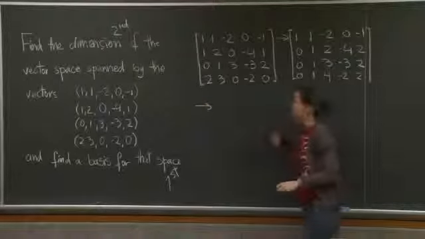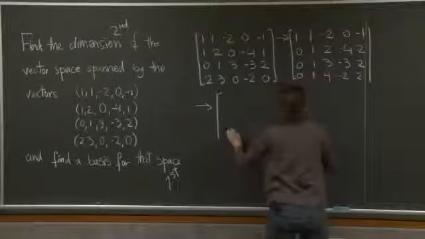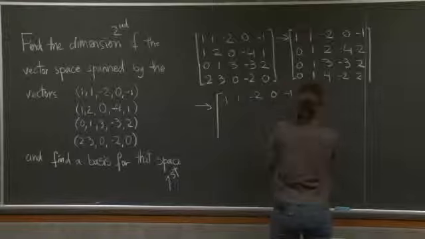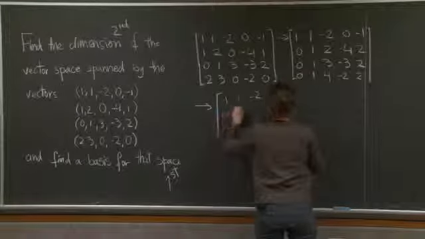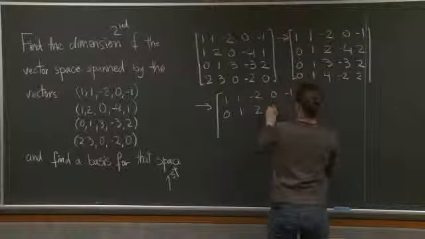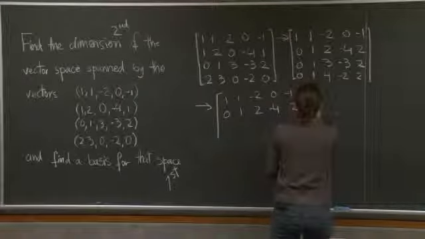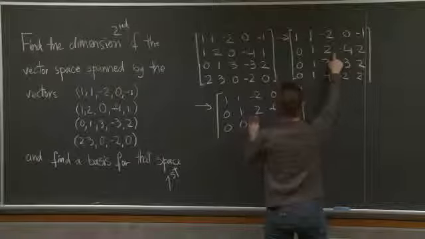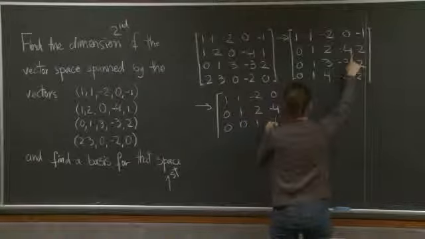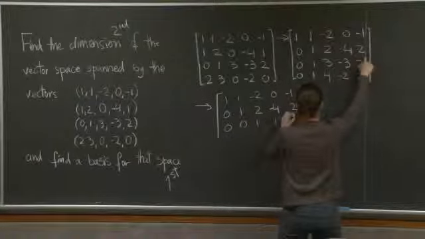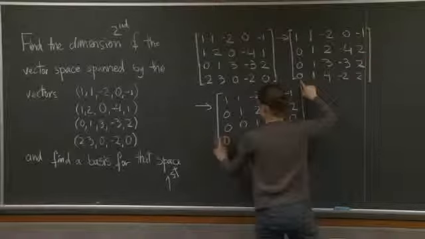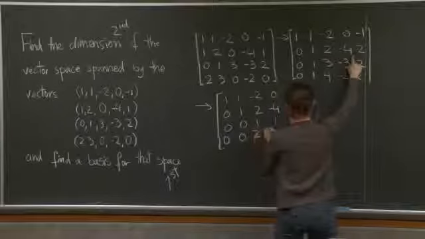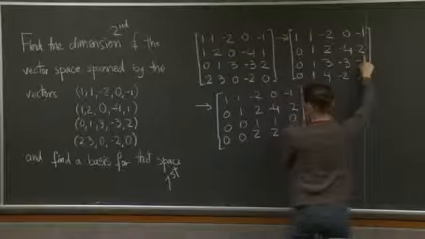All right, one more step. 1, 1, minus 2, 0, minus 1 and 0, 1, 2, minus 4, 2 are done. 1 minus 1 is 0, 3 minus 2 is 1, minus 3 plus 4 is 1, 2 minus 2 is 0. And in the fourth row, 1 minus 1 is 0, then 2, 2 again, and 0.